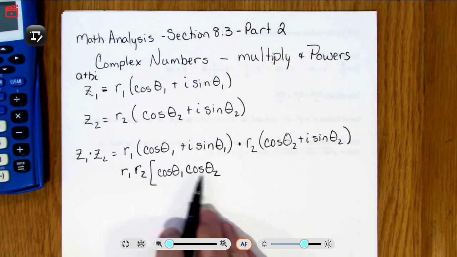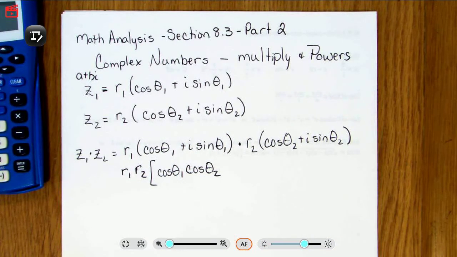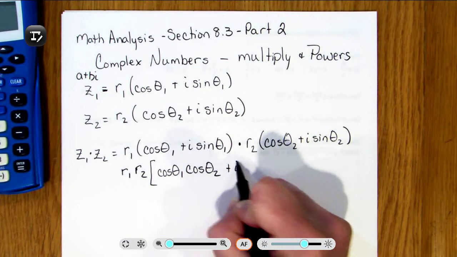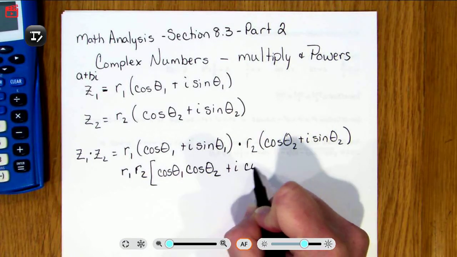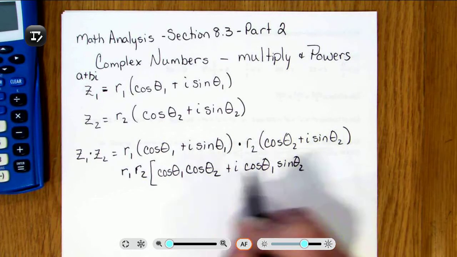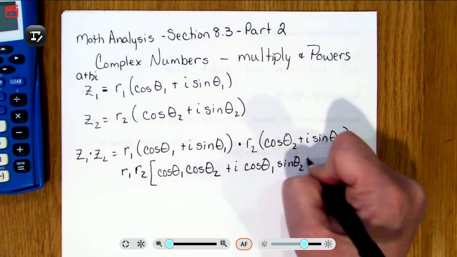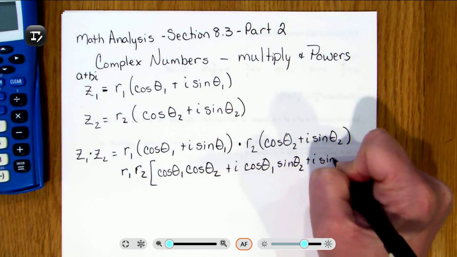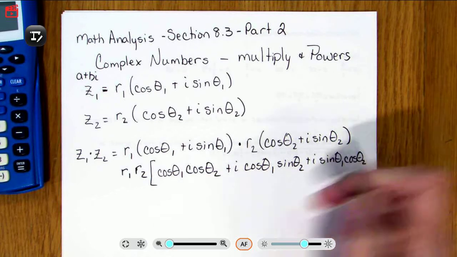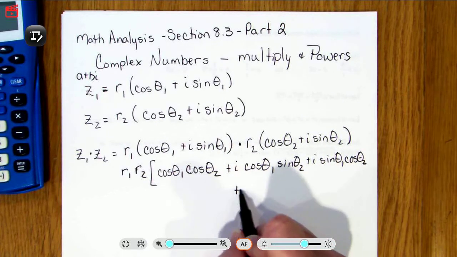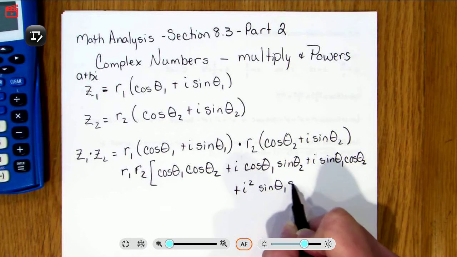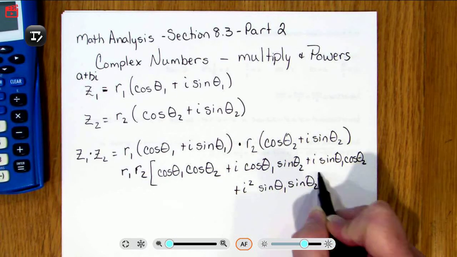Remember, we really can't do anything about those because the angles are different. Here I'll have that plus I times cosine theta 1 sine theta 2. Here I'll have I sine theta 1 cosine theta 2, and then I'll have plus I squared sine theta 1 sine theta 2.